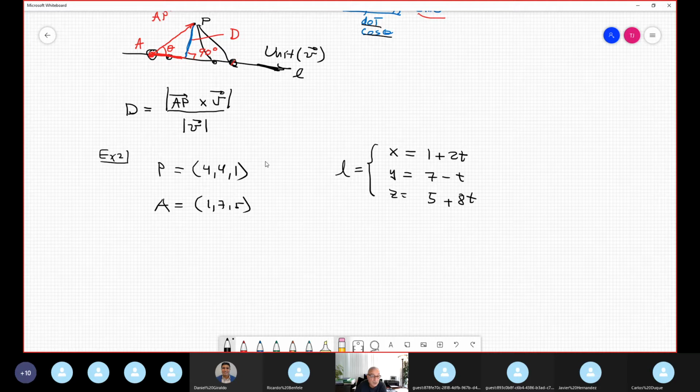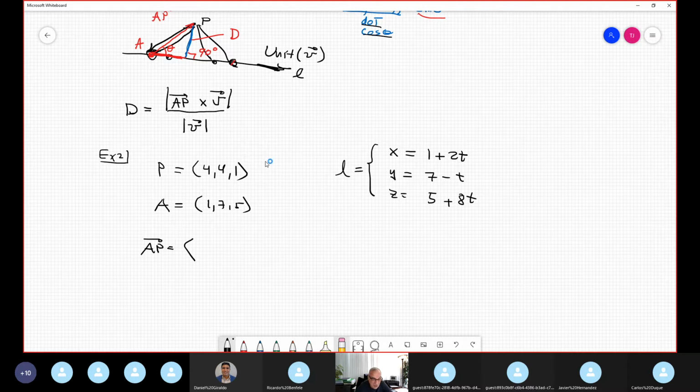Now you determine the vector between the points, the AP vector. The AP vector is a subtraction. It doesn't matter what you're subtracting from what; in this case, I don't care, so the direction is not extremely important, whether it is in this direction or this direction. This is no big deal.